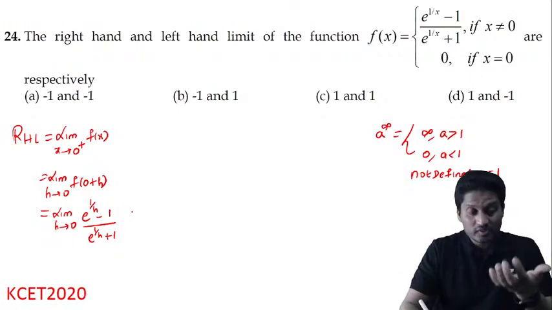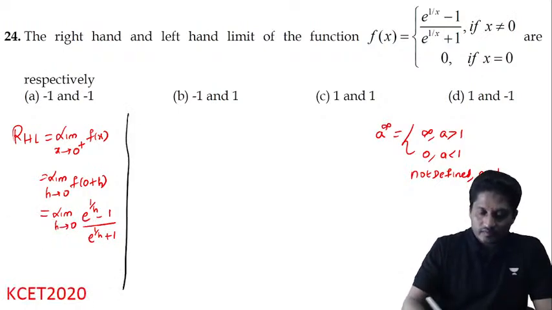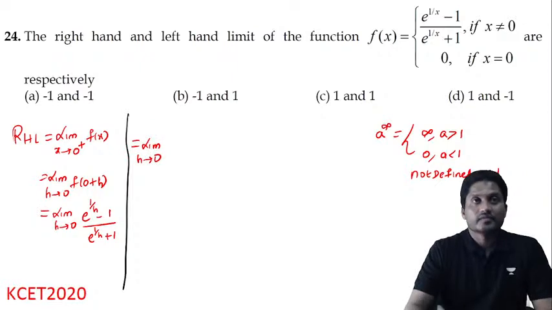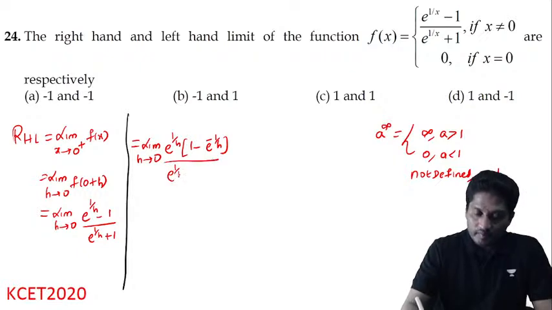Now I'm going to simplify this. I'm going to take e power 1 by h common. In the numerator this becomes 1 minus e to the power of minus 1 by h. In the denominator, e power 1 by h common, this will be 1 plus e power minus 1 by h.